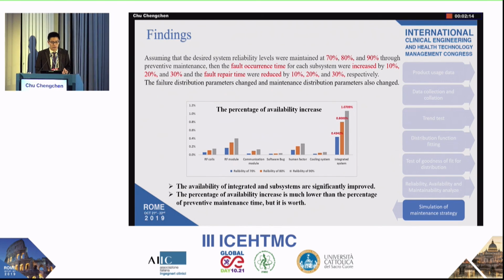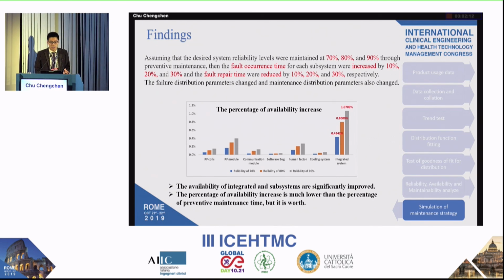The failure distribution parameters have changed, and the maintenance distribution parameters also changed. So we came to the graph of the percentage of availability increase. We can see that the availability of the integrated system and the subsystems is significantly improved. The percentage of the availability increase is lower than the percentage of preventive maintenance time.